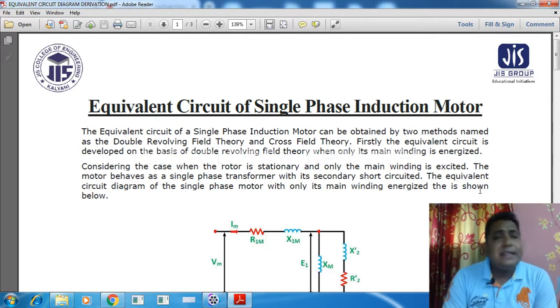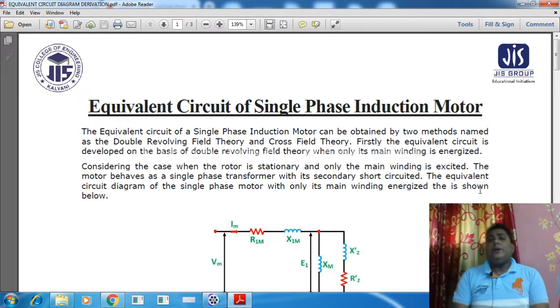The equivalent circuit of a single phase induction motor can be obtained by two methods, namely the double revolving field theory and the cross field theory. Firstly, the equivalent circuit is developed on the basis of double revolving field theory when only its main winding is excited.